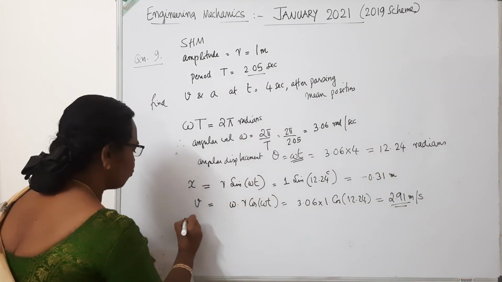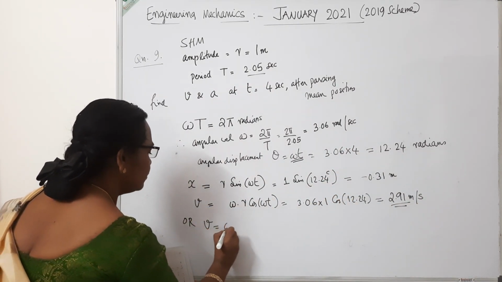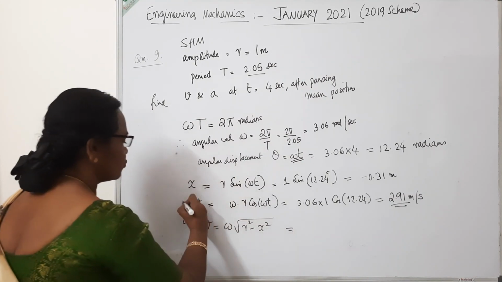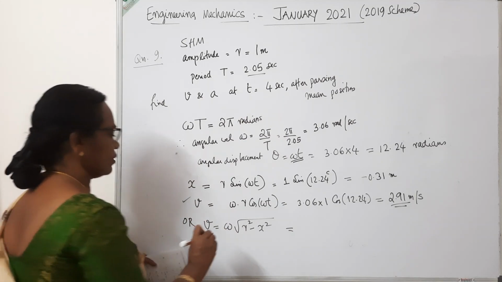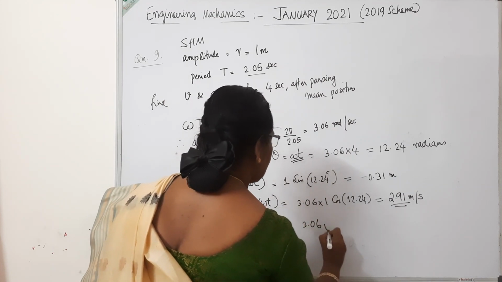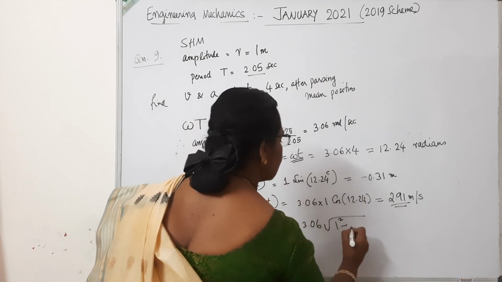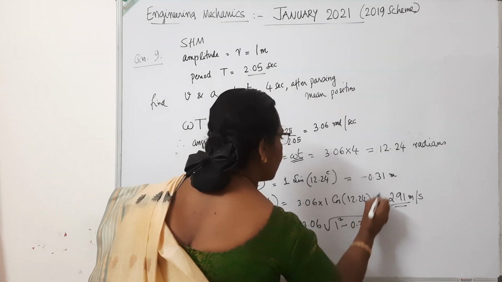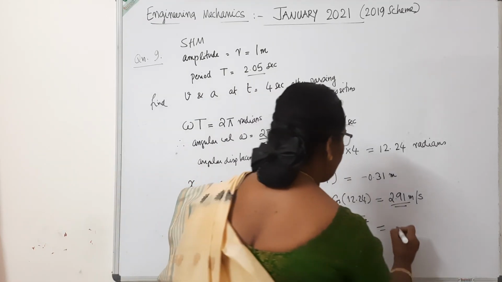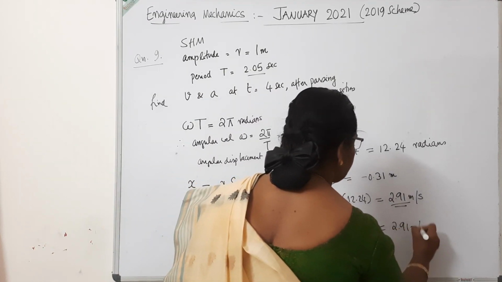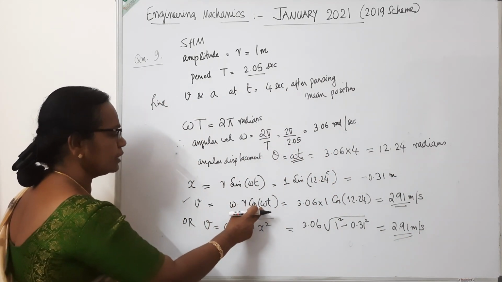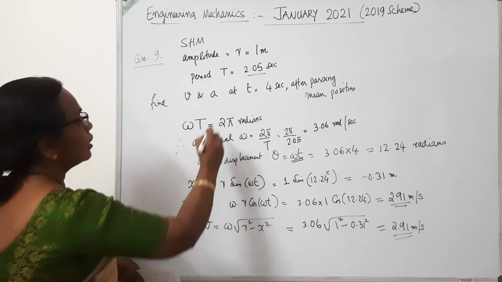Or the velocity can be found by v is equal to omega into root of r square minus x square. Omega is 3.06, x is minus 0.31, and squaring it will not make any difference. That will also give the value 2.91. So either you use omega r cos omega t, or this expression, to find the velocity.